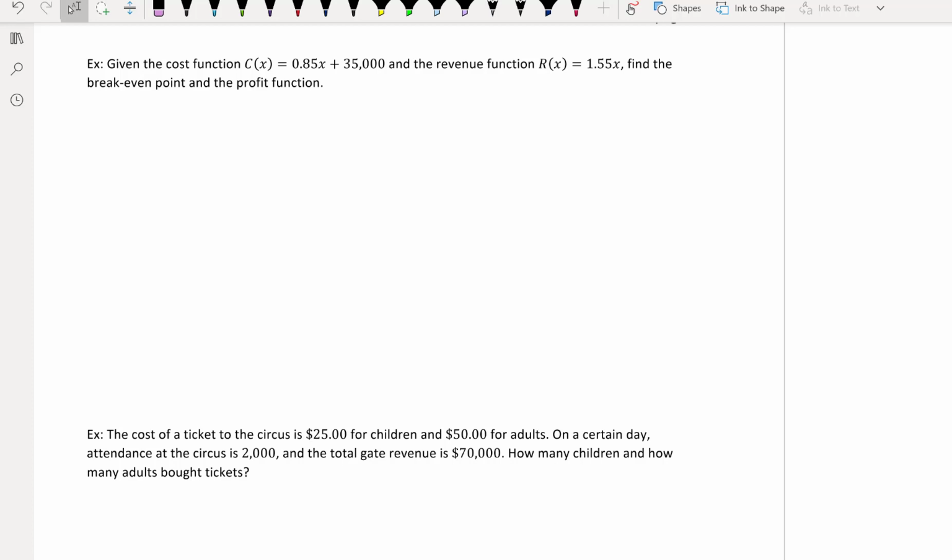Now, our next example. Given the cost function and the revenue function, find the break-even point and the profit function. So there are two different things going on here. So the first one is the break-even point.